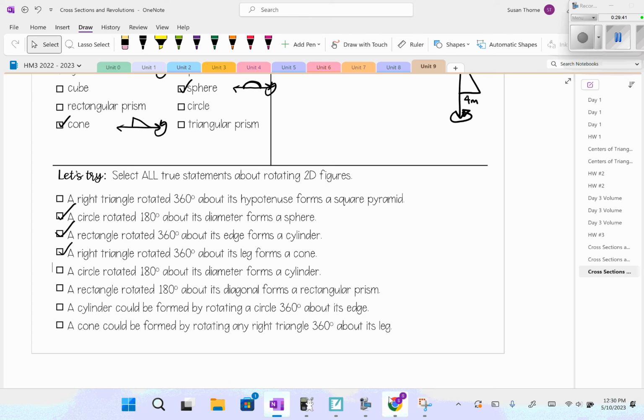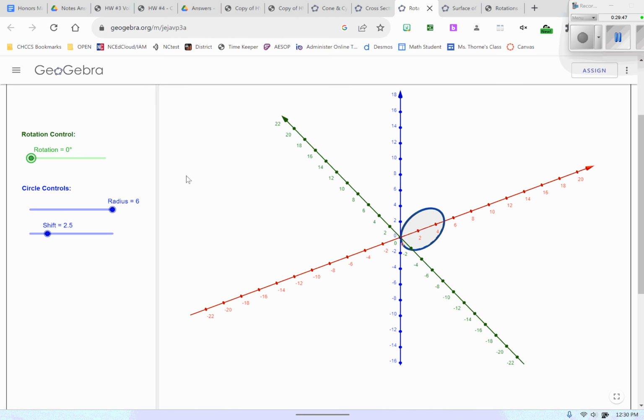Just to show you, I do have a picture of that. Let's see if I can get it up. If we have a circle, and I can't move this up or down, but just pretend we're rotating it about its edge on this blue line right here. If I rotate that around, this is the shape that we're getting, which kind of looks like a donut shape. It's actually called a torus.